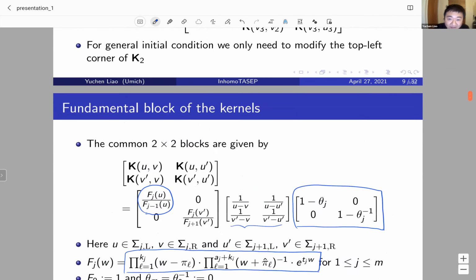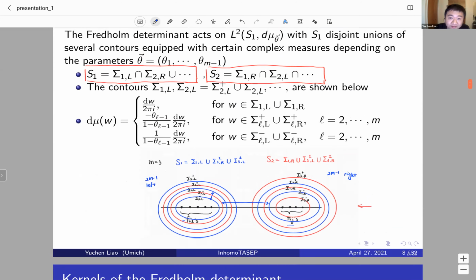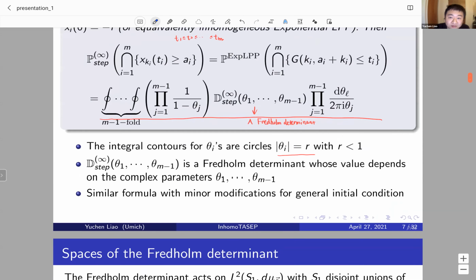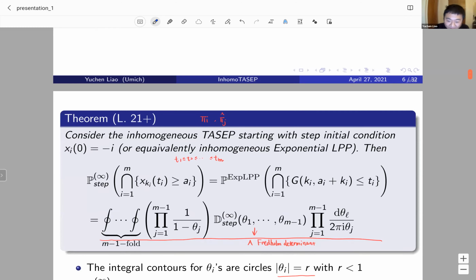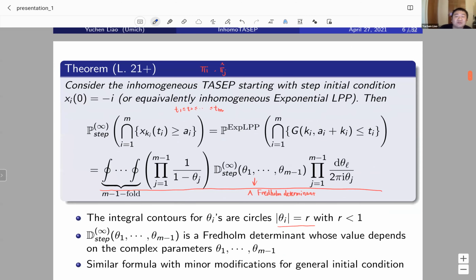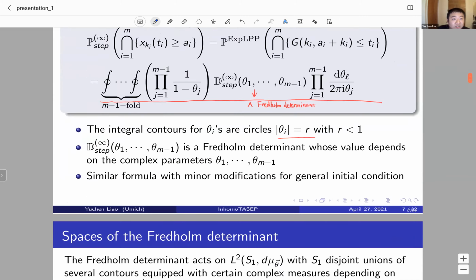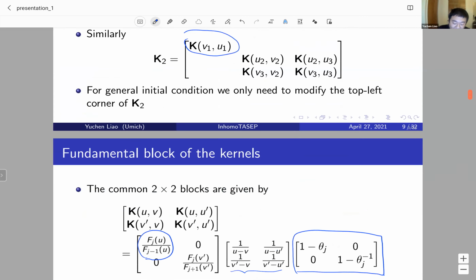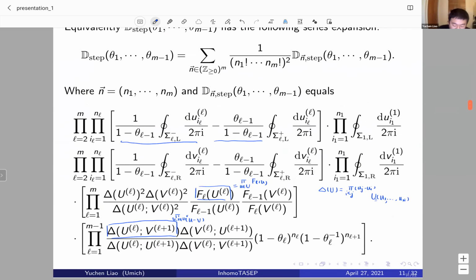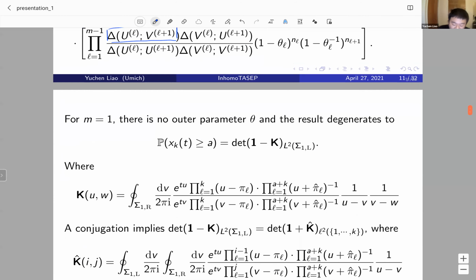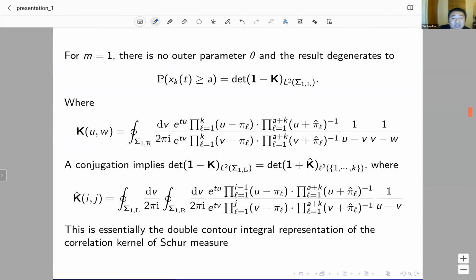For m equals 1, if you go back, this formula is written as an (m minus 1)-fold contour integral with respect to some parameter theta. So when m equals 1, there's no outer contour integral essentially, and the only thing that survives is the inner Fredholm determinant. And it actually reads like this.